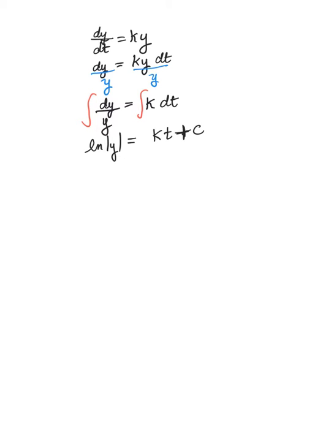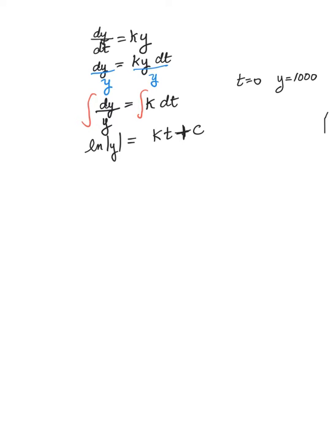Okay. Now, in order to solve for c, suppose that at time 0 the quantity is 1,000 bacteria. Let's think of it as 1,000 bacteria at t equals 0 minutes.